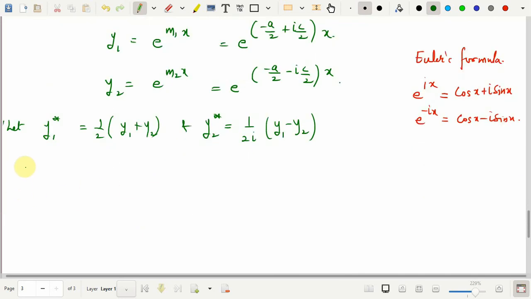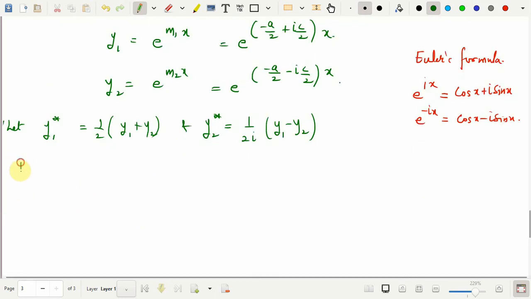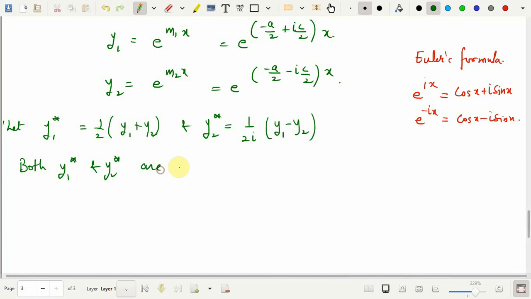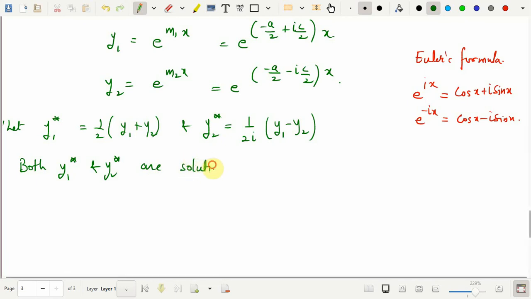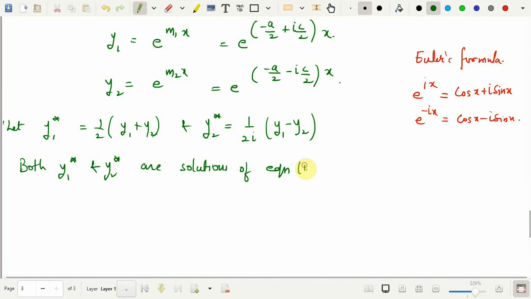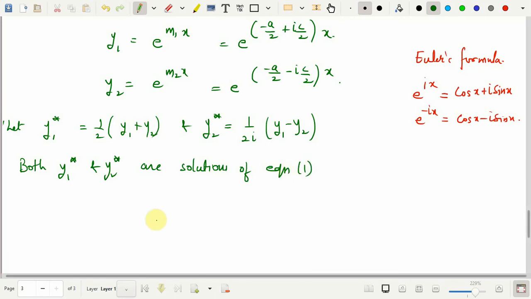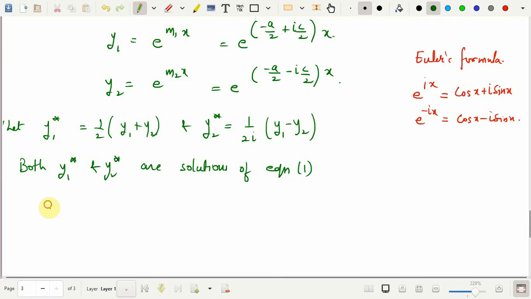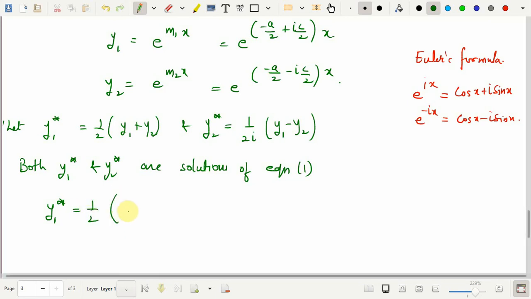I don't have to prove this, we have already discussed this. Now I will compute y1 star and y2 star, and show that these are linearly independent solutions. So y1 star here is half times (y1 plus y2).